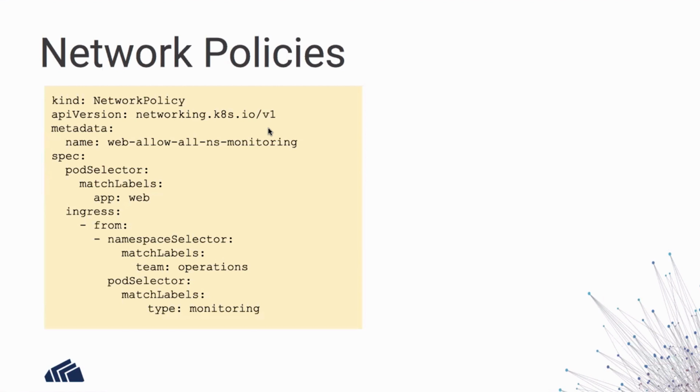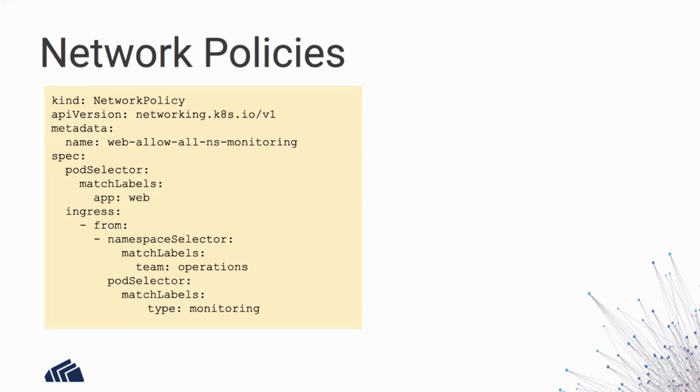So the way I think about network policies is that they are L3, L4 firewalls, right, with some extra context added for Kubernetes. So when you look at what this particular network policy would do, the first pod selector is selecting anything with the label, right? So it's very generic, and it selects a web application.